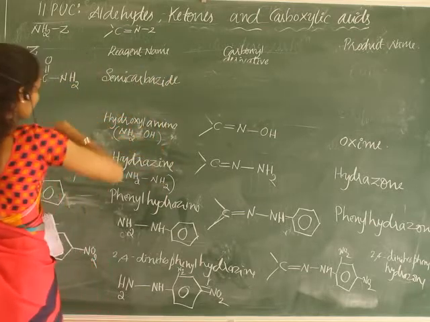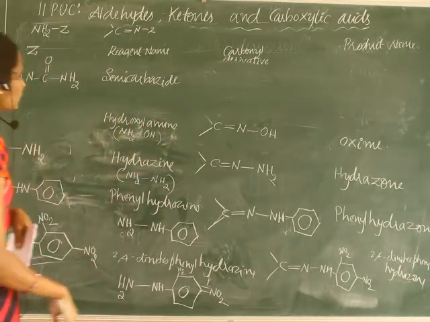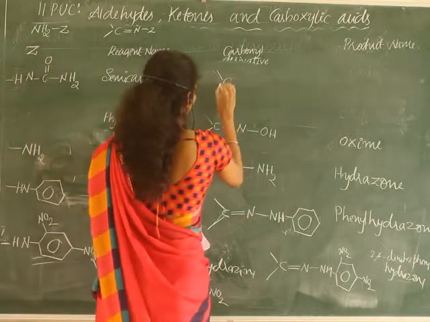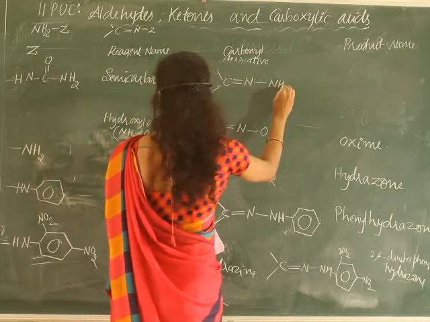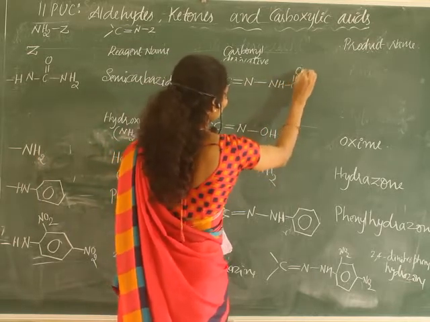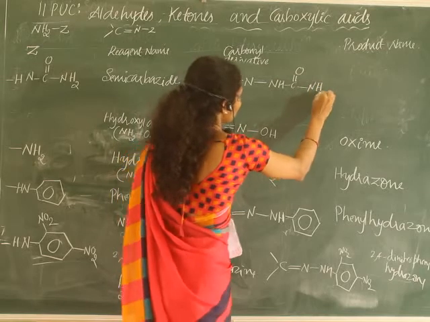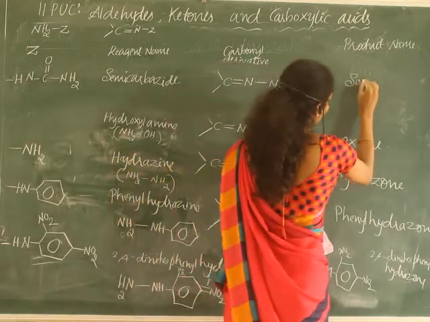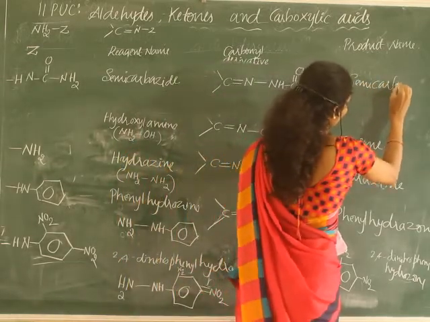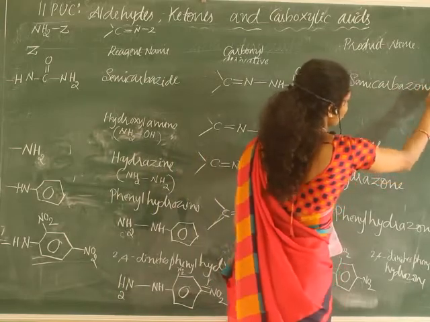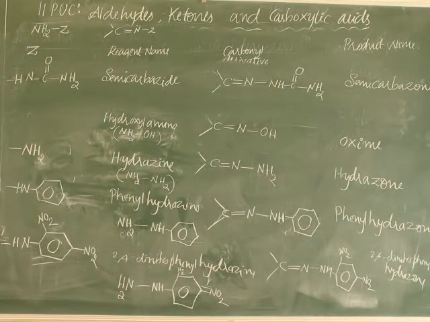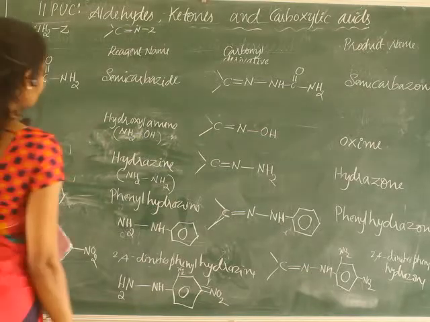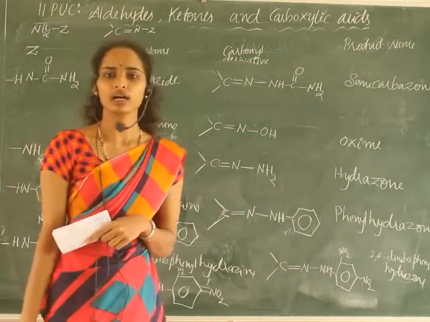Okay, semicarbazide, and the carbonyl derivative is C double bond N, Z is NH C double bond O NH2, and the product name is semicarbazone. So, okay, this is about addition of ammonia and its derivatives to carbonyl compounds.